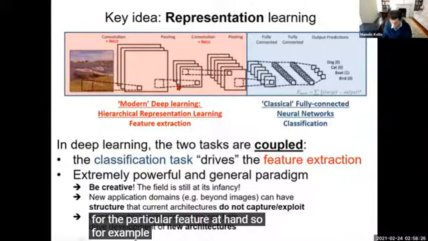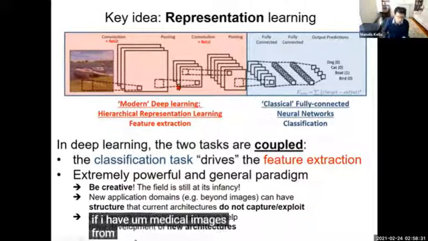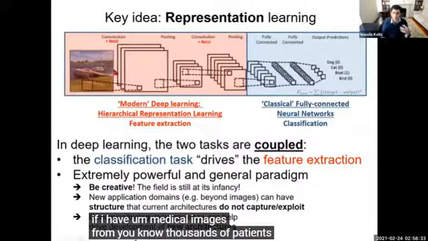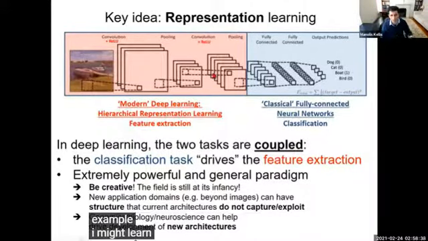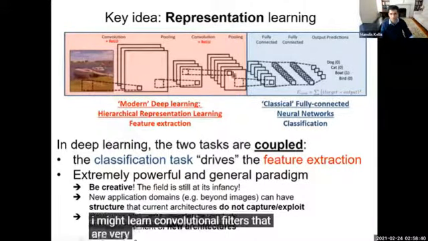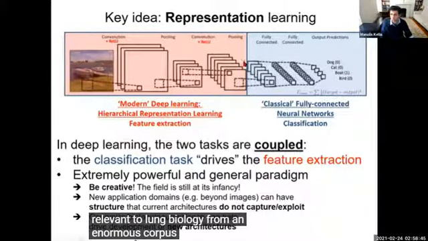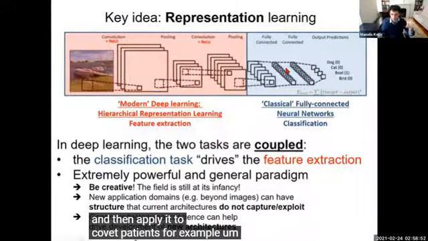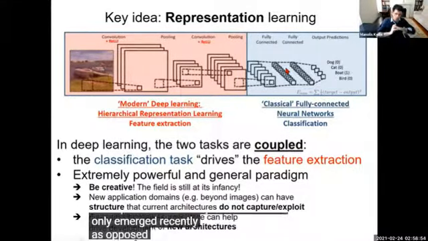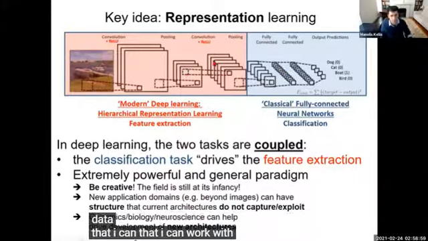So for example, if I have medical images from thousands of patients where I'm looking at their lungs, I might learn convolutional filters that are very relevant to lung biology from an enormous corpus, and then apply it to COVID patients, for example, that have only emerged recently, as opposed to having decades of training data that I can work with.